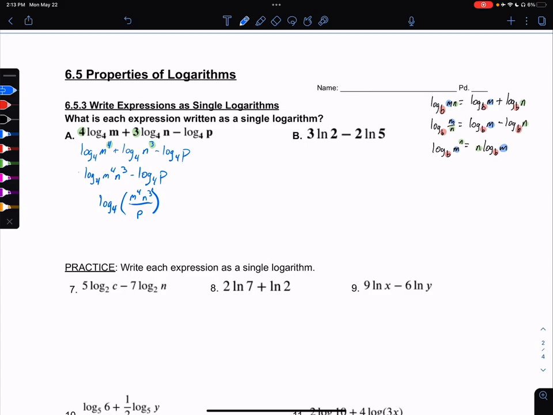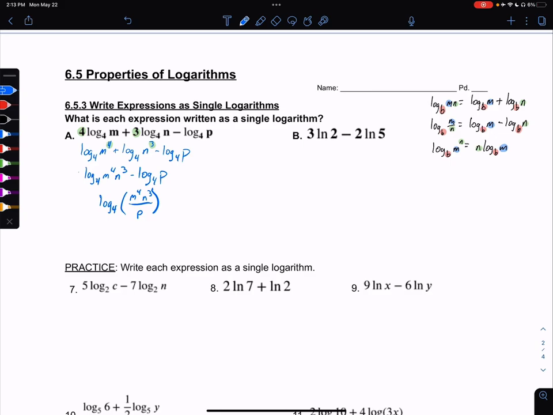So log base 4 of m to the 4th n cubed over p, and that's our single logarithmic expression. For your final answer, we're looking for single logarithms, so you really should only have the word log written once, which in this case we do. So that is our single logarithmic expression.